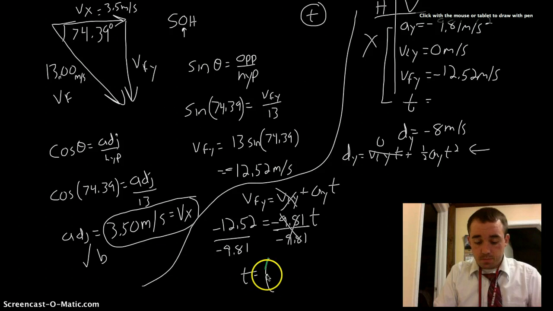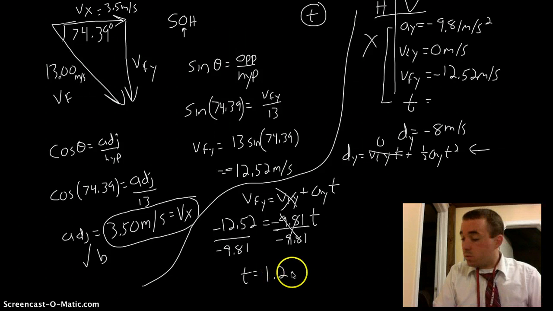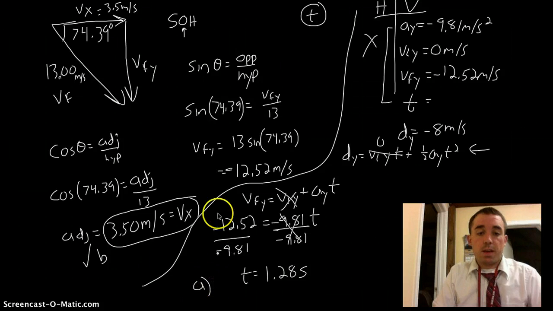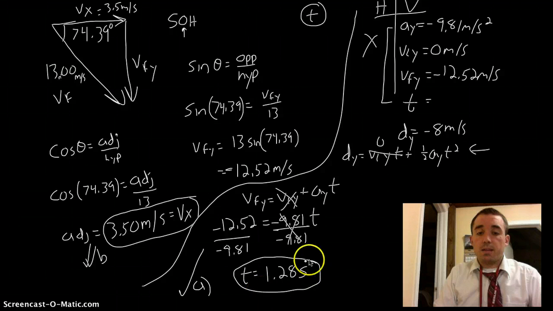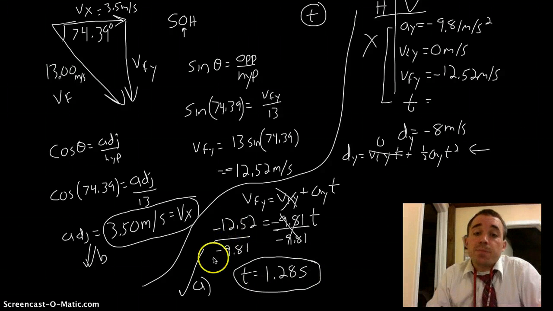Nope. Hold on. Sorry. There we go. Erase that. T of 1.28 seconds. So this is what part A was asking us for in the question. Part A is done. Part B is done. So we got 1.28 seconds.